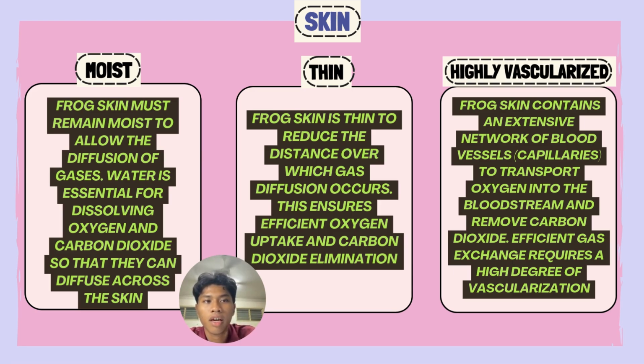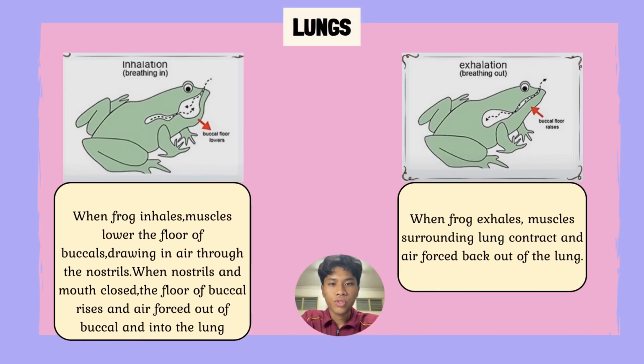Third, highly vascularized. Frog skin contains an extensive network of blood vessels, which are capillaries, to transport oxygen into the bloodstream and remove carbon dioxide. Efficient gas exchange requires a high degree of vascularization. So this is the process of how a frog inhales and exhales using its lungs.